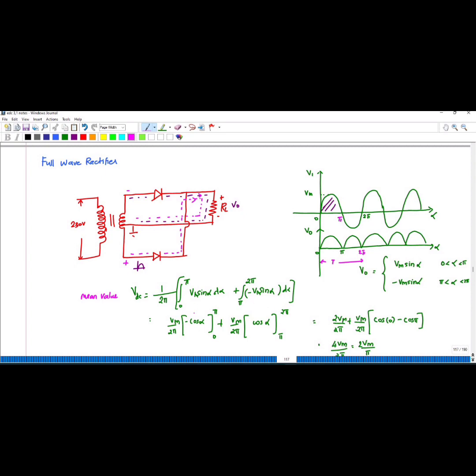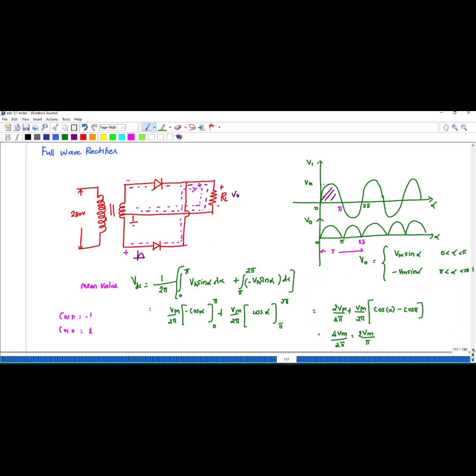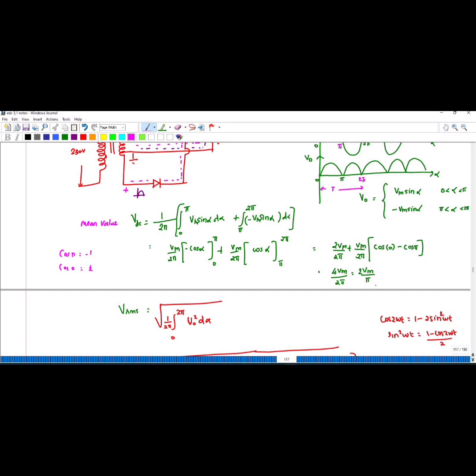If I take Vm common, and integrate sin alpha, I will get minus cos alpha. We know that cos pi is equal to minus 1 and cos 0 is equal to 1. So if I substitute the values, I will get 2 Vm by pi.